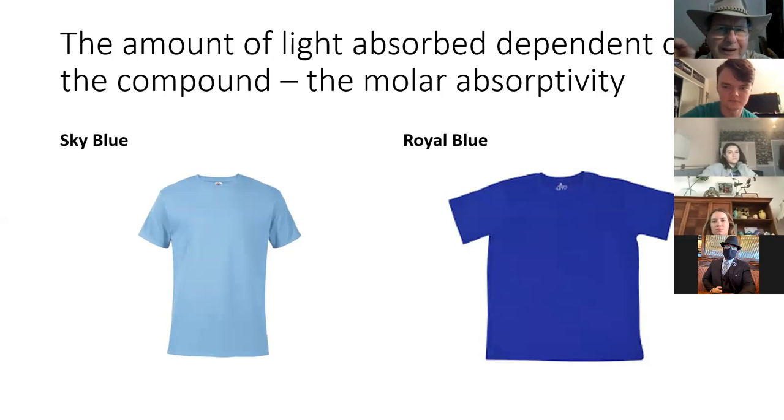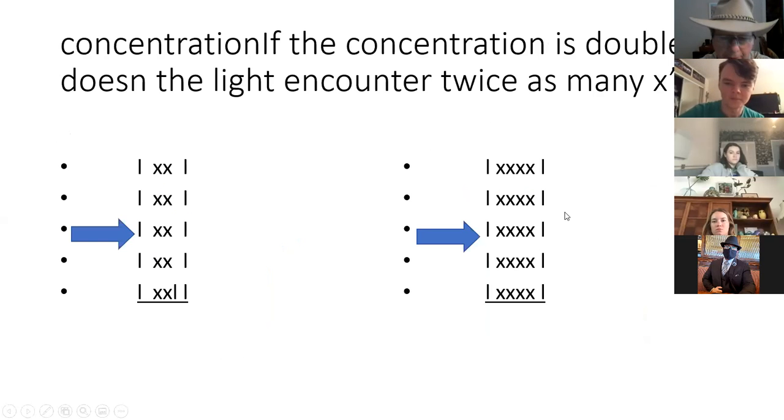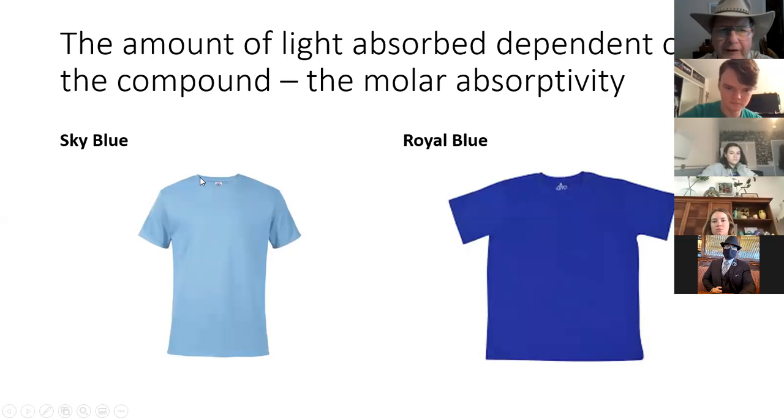And what happens is the type of dye will change the amount of light that gets absorbed. So the dye that's in the royal blue shirt is different from the dye that's in the sky blue shirt. And believe it or not, the sky blue is absorbing more because it's reflecting a lighter color. Royal blue is actually reflecting more of the darker color.